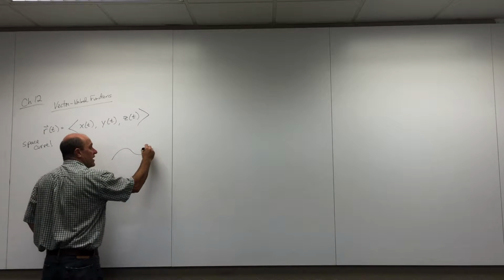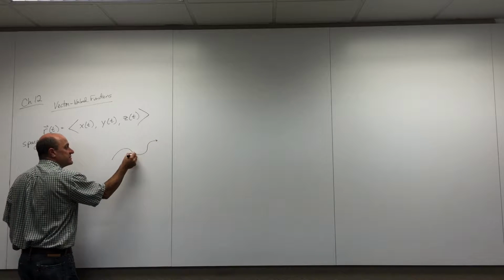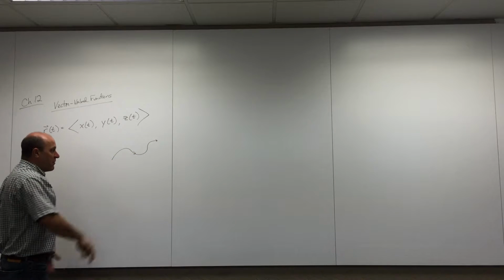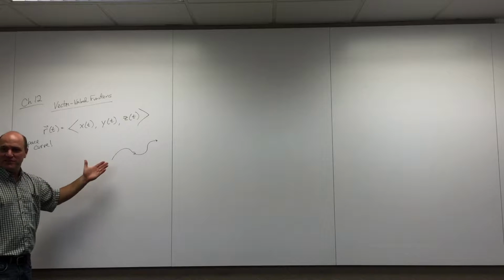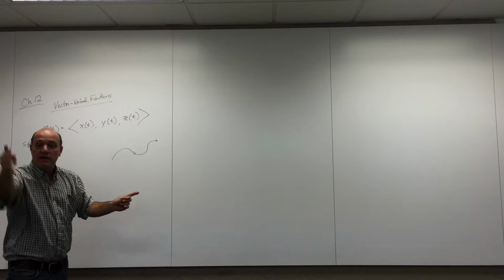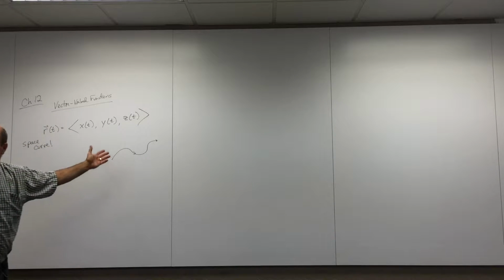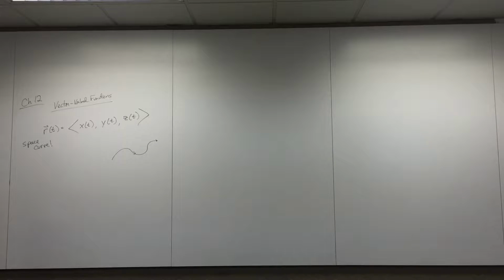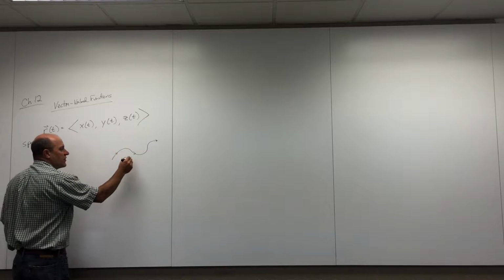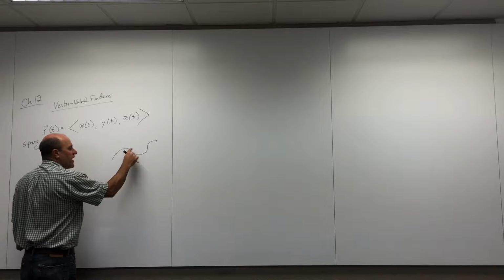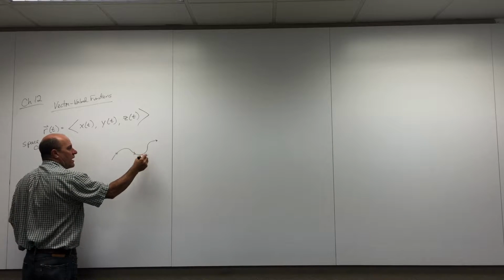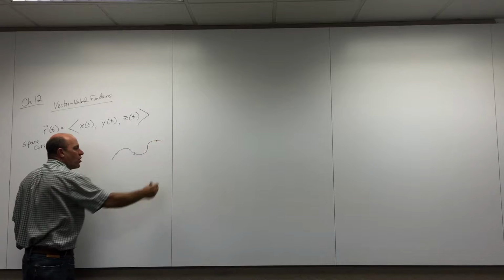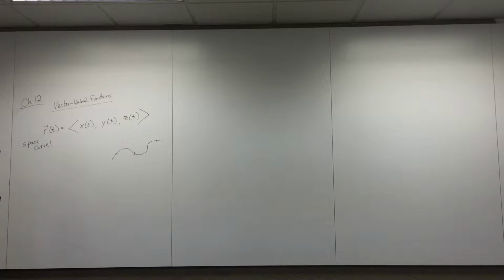A curve in space. Of course, I drew it on the board, and it looks like it's in 2 dimensions, but I'm saying it could be in 3 dimensions. You put little arrows on the curve to show the direction of motion, or what's called the direction of increasing t.